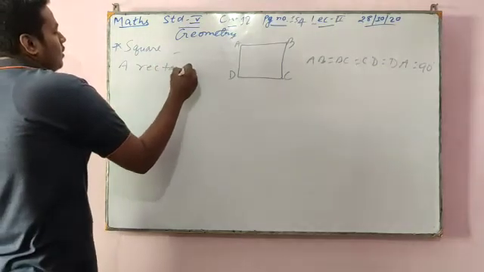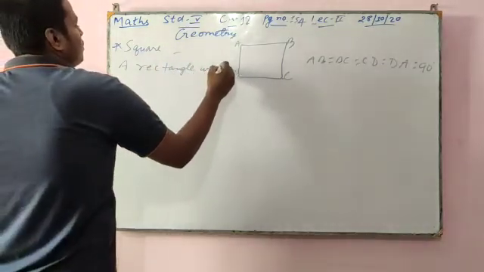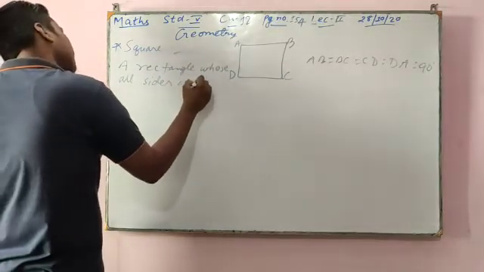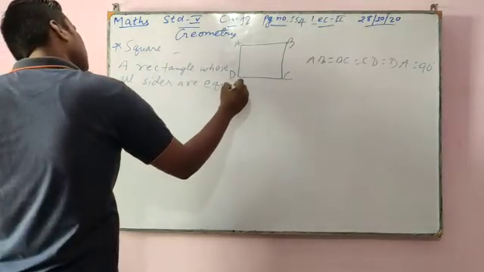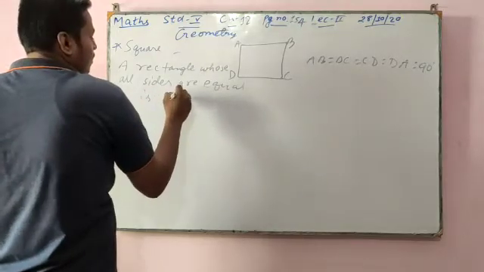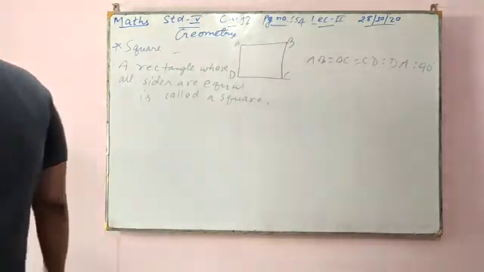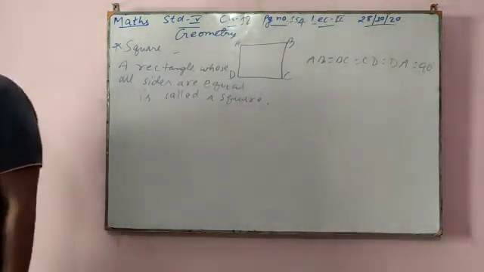A rectangle whose all sides are equal is called a what? It's called a square.